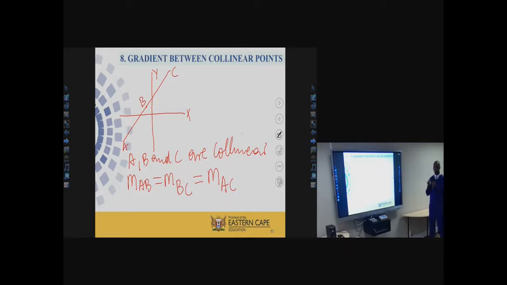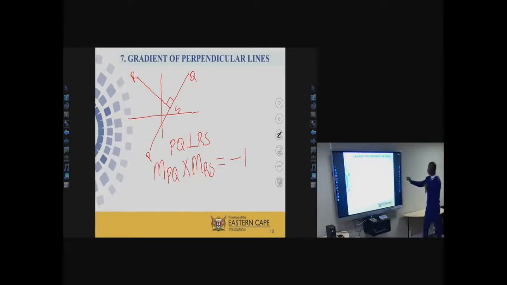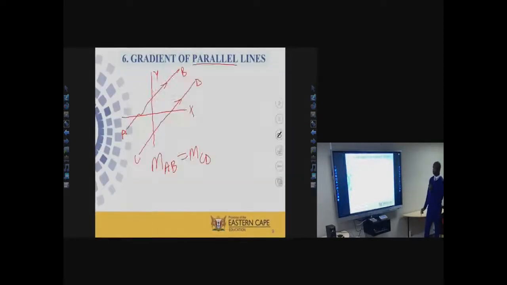So, take note of these three things, Mfundi. One, when lines are parallel, what happens? They are slanting the same way, which means they have the same gradients. What happens when the lines are perpendicular?